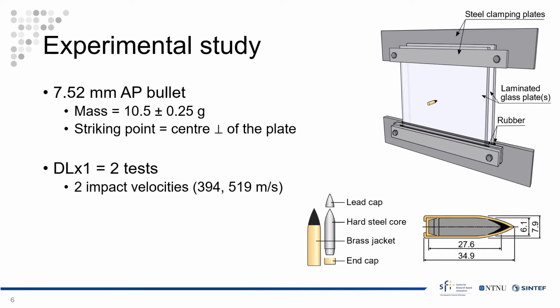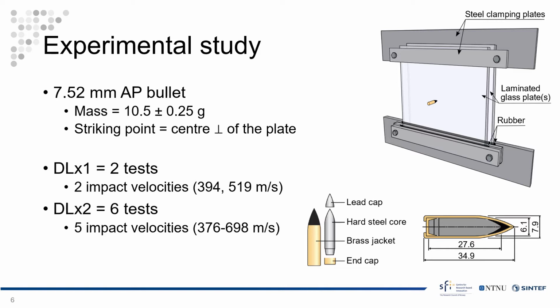In the single plate setup, which we call DL1, we performed 2 tests, with impact velocities of 394 and 519 meters per second. In the double plate setup, DL2, we did 6 tests with impact velocities between 376 and 698 meters per second.